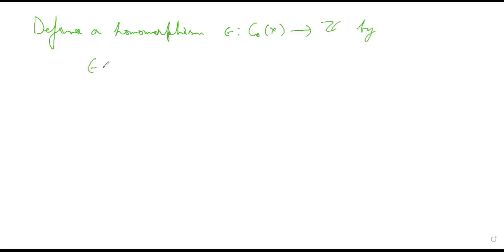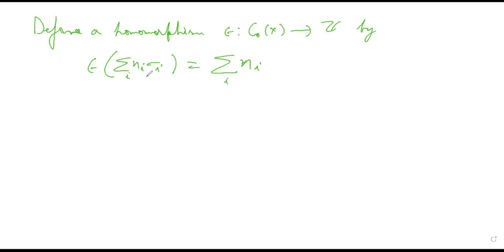Now define a homomorphism epsilon from C naught x to Z by epsilon of summation ni sigma i equal to summation ni.